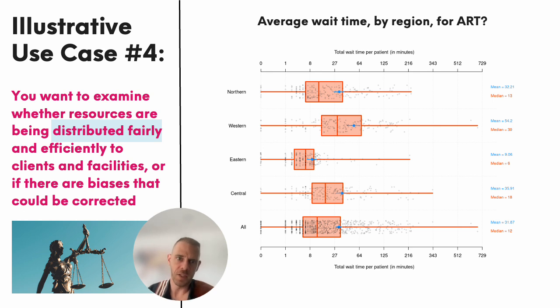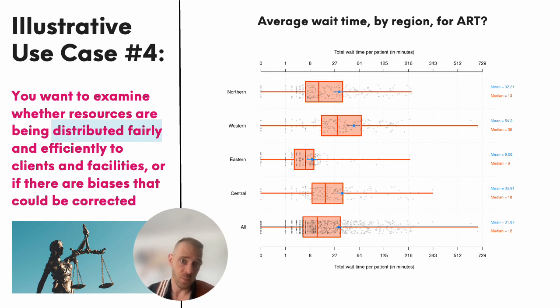And what we end up finding is that in the western region of the country, the average wait time is 54 minutes. It's almost an hour long. By comparison, the average wait time in the eastern region of the country is only 9 minutes long, so not even 10 minutes. So it's a six-fold difference between the two regions of the country.